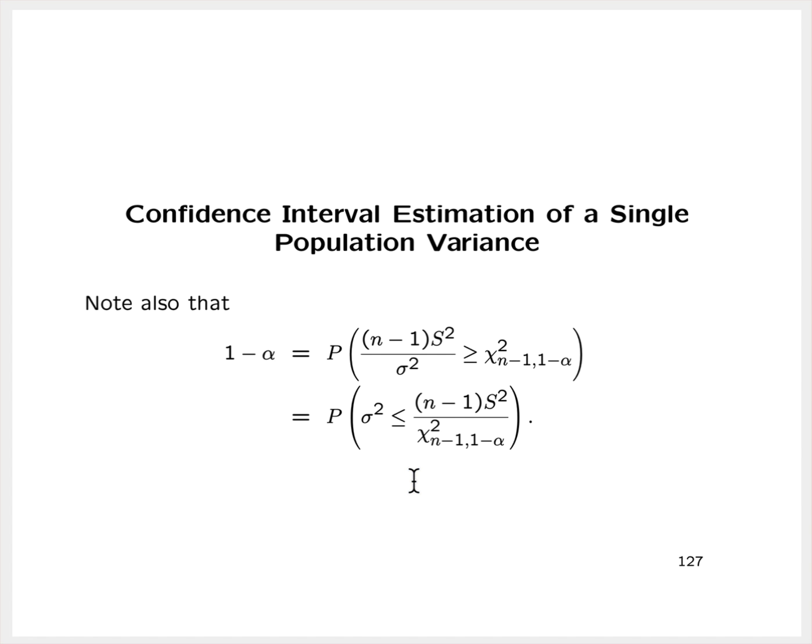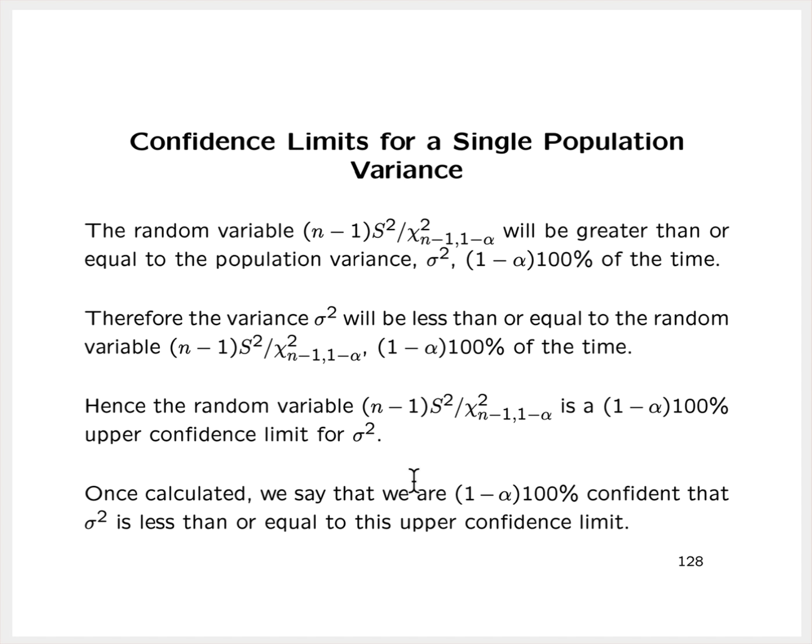And so again, we can think of this in the context of relative frequency probability. This random variable will be greater than or equal to the population variance, sigma squared, 1 minus alpha times 100% of the time in repeated sampling. And so, looking at this from the other perspective, the variance sigma squared will be less than or equal to that quantity 1 minus alpha times 100% of the time.